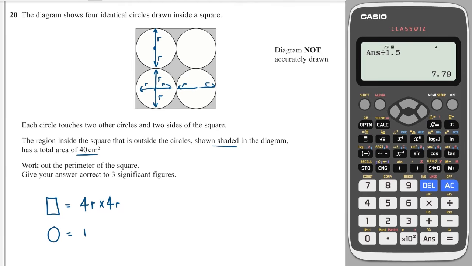Well, that's just pi r squared. So what's the area of the shaded region? Well, first off, we know it's 40, but it's also the square, which is 4r times 4r, which is 16r squared, minus 4 of the circles, so 4 pi r squareds.